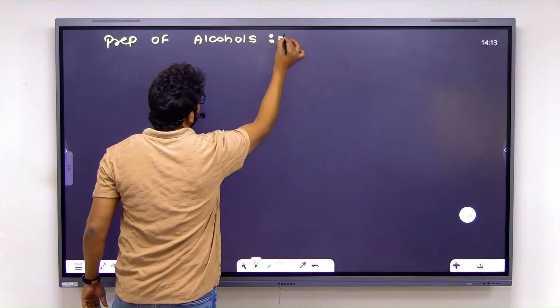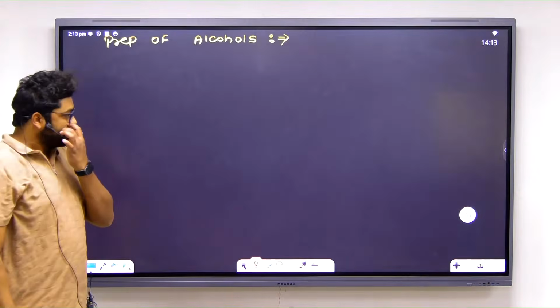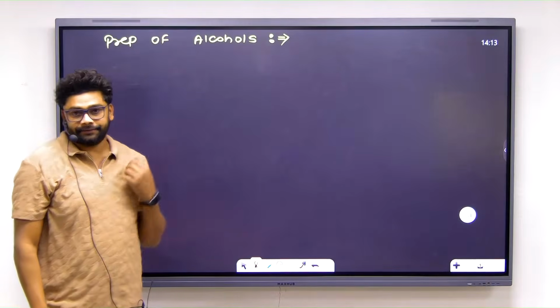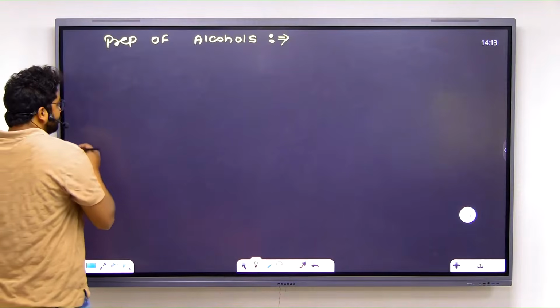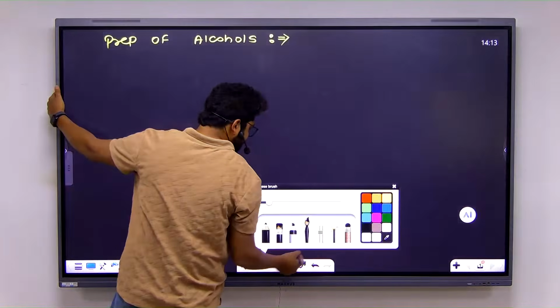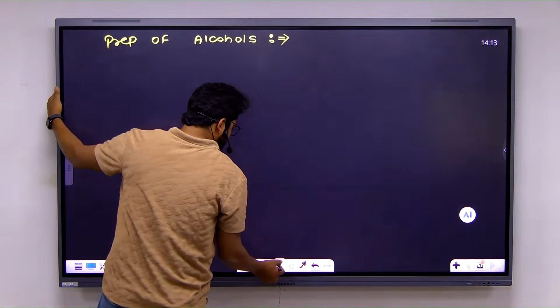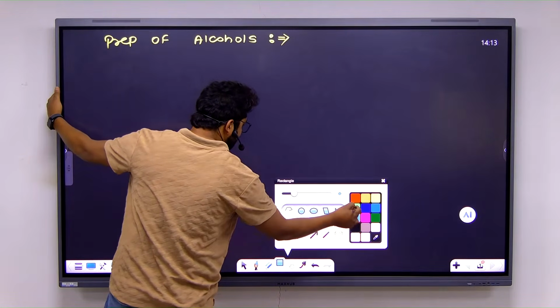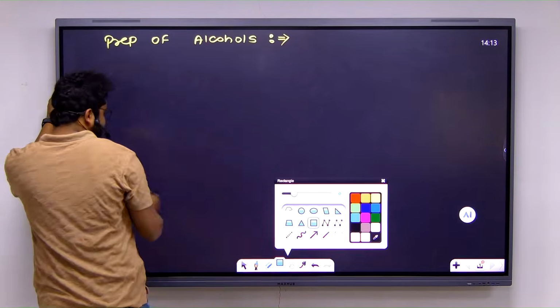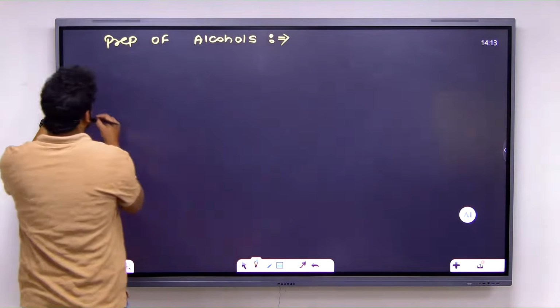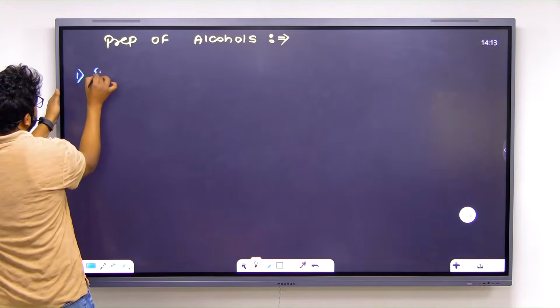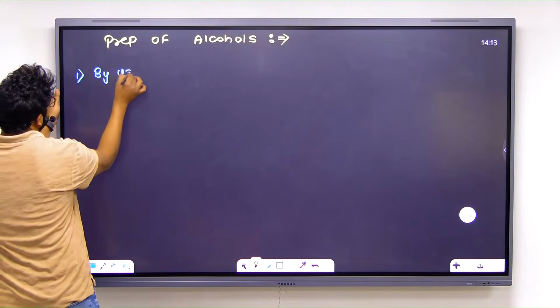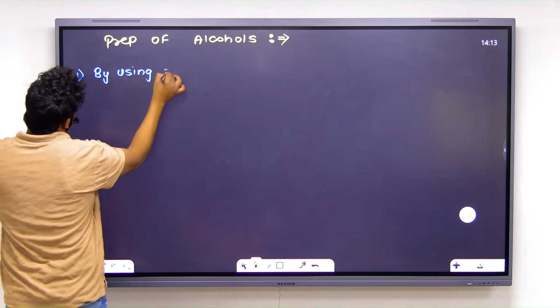Alcohols are generally prepared by three sources. The first source is by using alkenes.